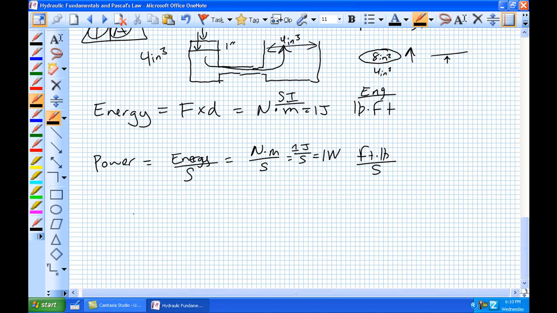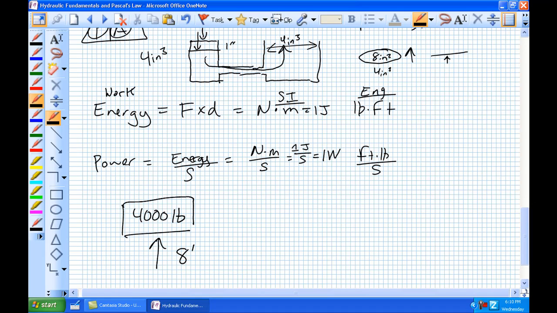I've got a 4,000 pound car or weight that has been lifted by a hydraulic system 8 feet. What is the energy it took to do this? How much work is accomplished? Energy and work, they're the same thing, by the way.